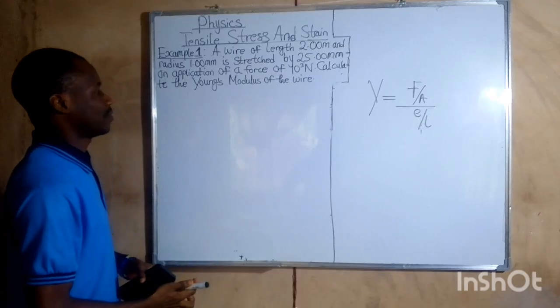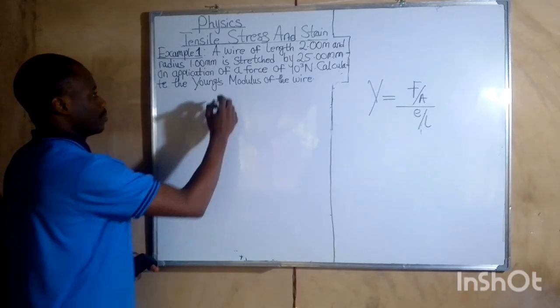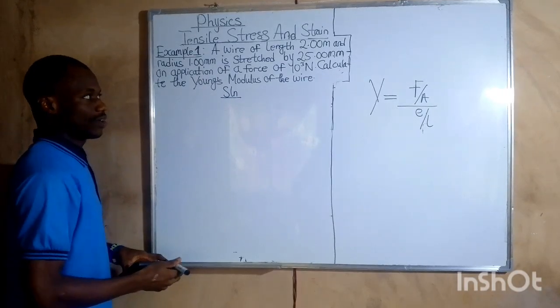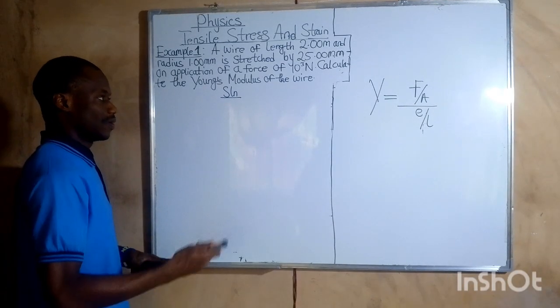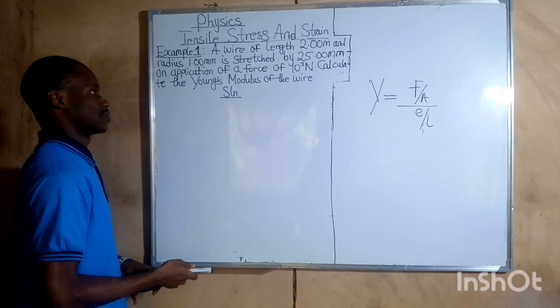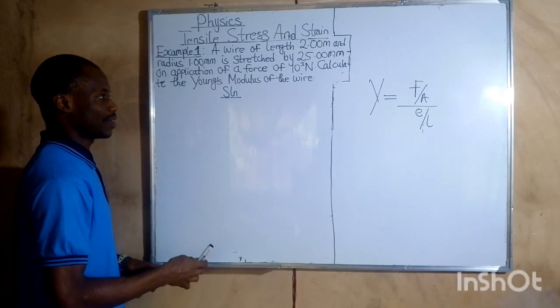Now, this is a straight question, but I do tell students, you have to read the question and understand it before trying to solve it. So we take our parameters one after the other.